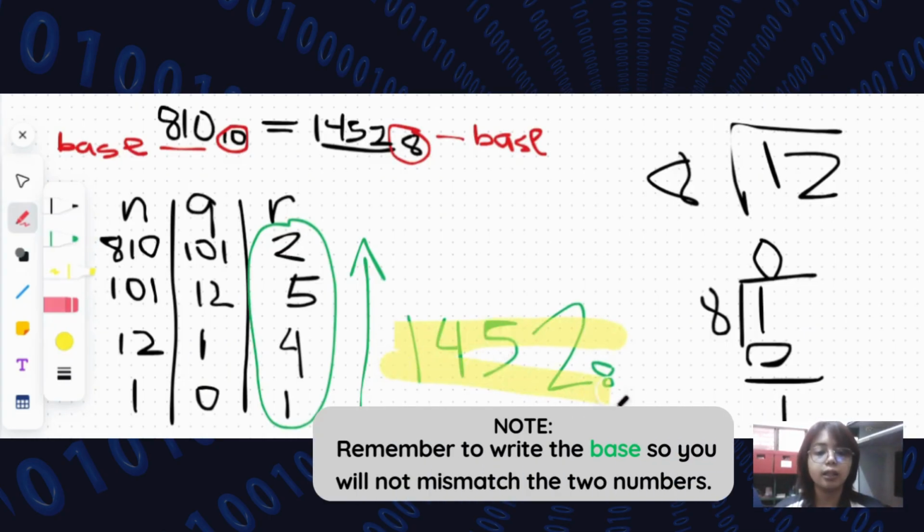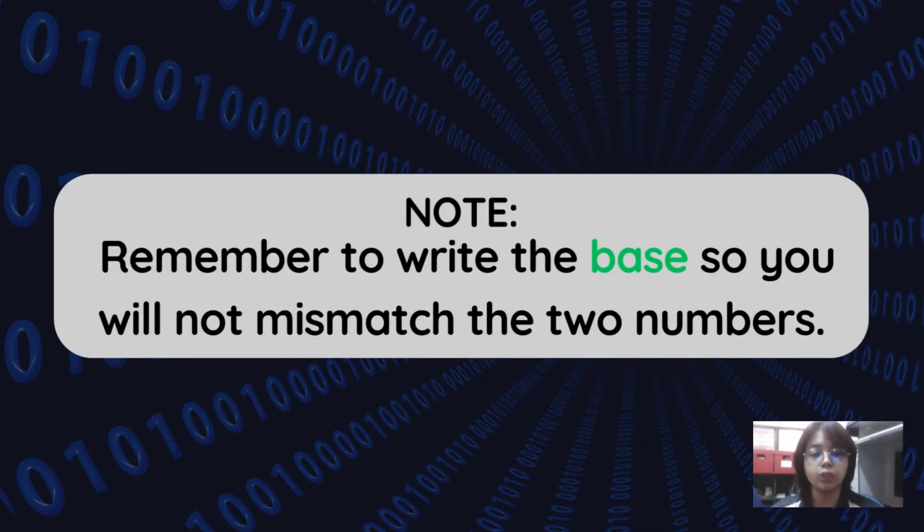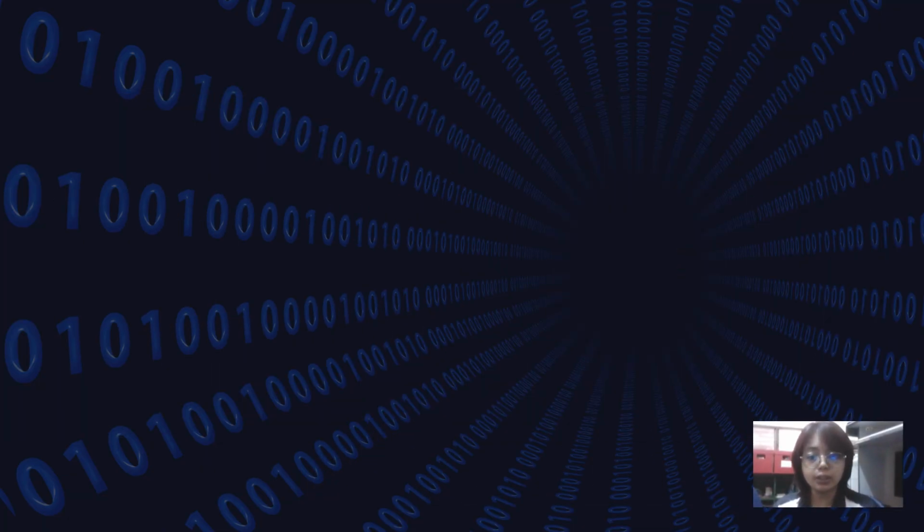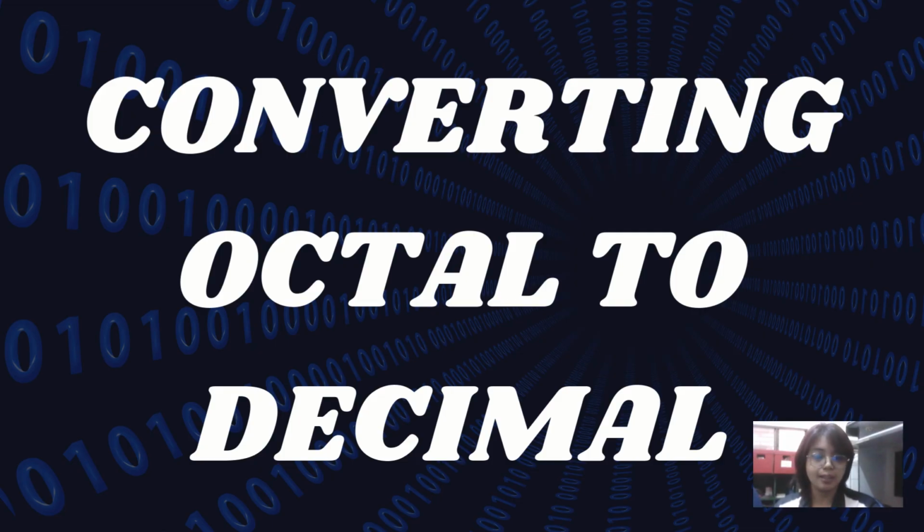So in writing our answer, again, we should not forget to put the base, so we will not mismatch, or so we will know what we are computing for. Is that understood? If yes, then let us proceed to our next topic.